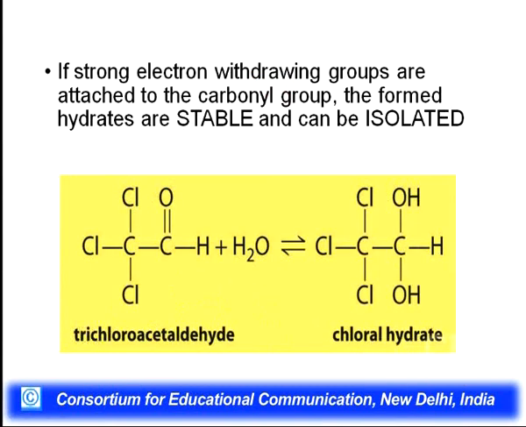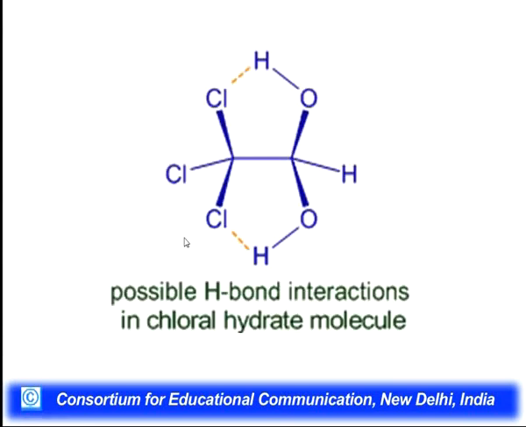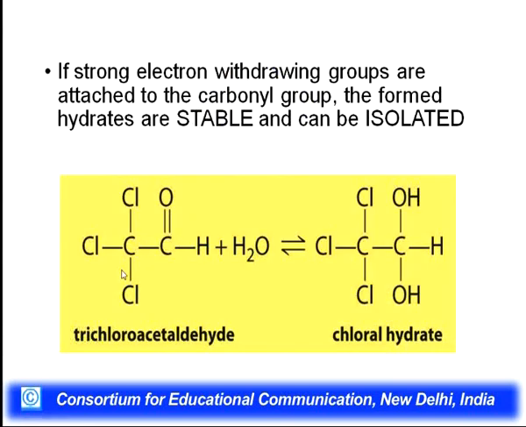But what we observe is that if a strong electron withdrawing group is attached to this aldehyde group, that is, if I have chloral here, that is trichloroacetaldehyde, then these three chlorine atoms are electron withdrawing, and what we get here is a chloral hydrate. And this chloral hydrate is stable and it can be isolated.